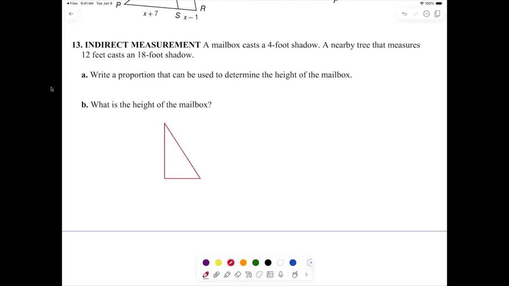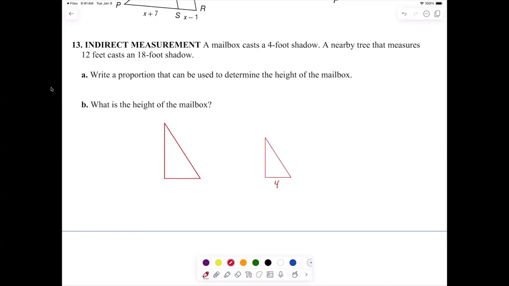All right, so here is what we have. And over here, you just want to make the two triangles. The first triangle, the mailbox casts a 4-foot shadow. Let's make sure we understand the shadows are on the ground, right?